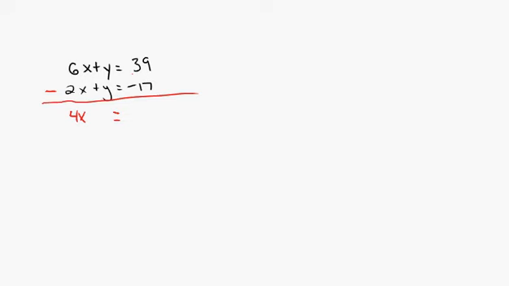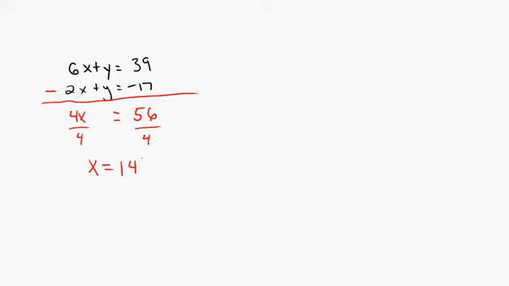So 39 minus a negative 17 is the same as 39 plus 17, which is just going to get me 56. So I have 4x equals 56. So if I have 4x equals 56, we can divide by 4, and we get x equals, 4 goes into 56 14 times.